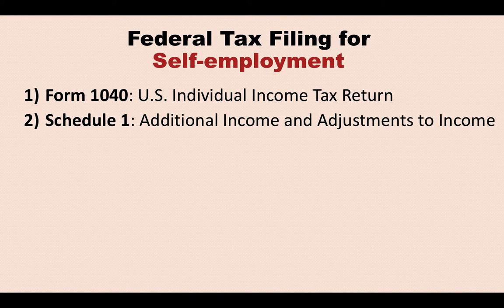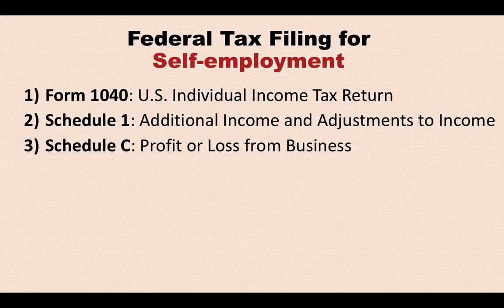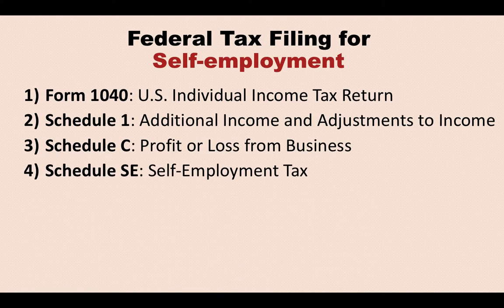Then you need a Schedule 1, which is additional income and adjustments to income. Then you need a Schedule C, for your self-employed business, profit or loss from the business. Then you need the Schedule SE. This is self-employment tax.